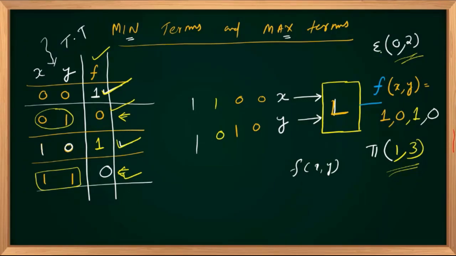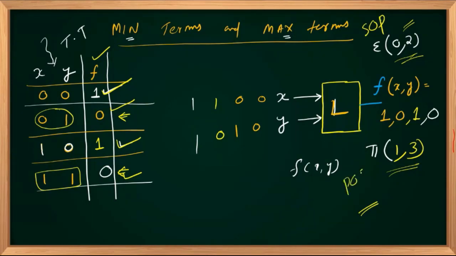Sigma is sum of individual product, SOP form, and pi is product of individual sum, POS form. Okay, SOP means sum of individual product terms, specified using min terms.